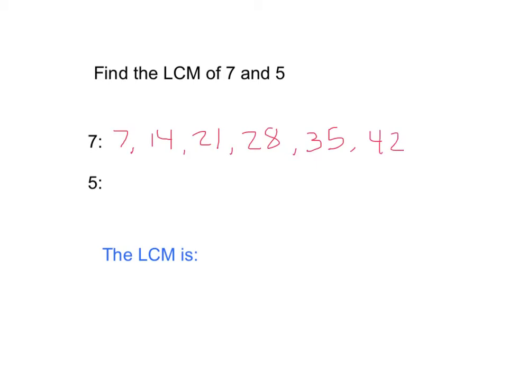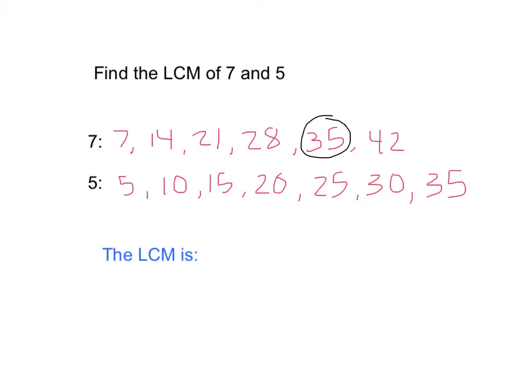My multiples of 5 would be 5, 10, 15, 20, 25, 30, 35. Next, I'm going to see if they have any numbers that are in common or overlap. The only number that I can see would be 35, being included in the multiples of both 7 and 5. Therefore, the least common multiple of 7 and 5 would be 35.